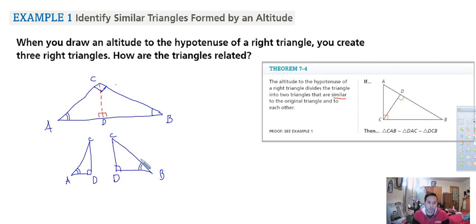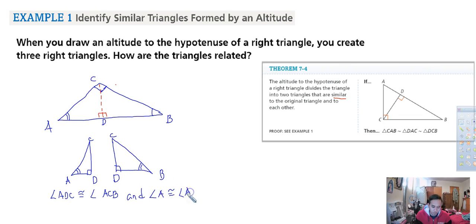Now I will make a statement here. Angle ADC is congruent to angle ACB from the bigger triangle. And angle A is, of course, congruent to itself.